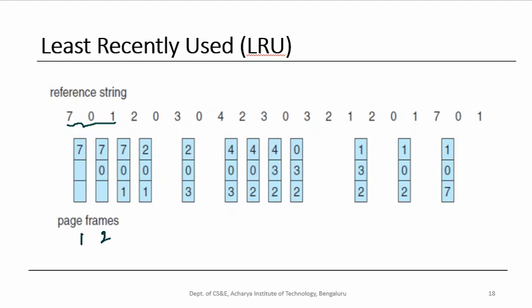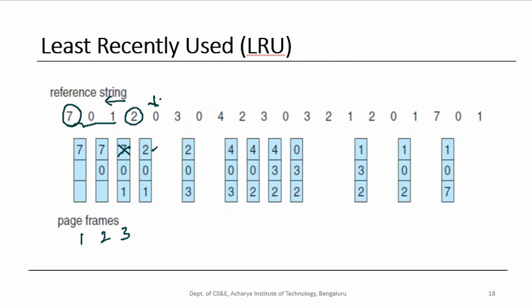So there will be 3 page faults. After that we have a request for page 2, and now there is no free frame in the main memory, therefore we will have to replace one of the frames. Now which frame to replace? Unlike optimal page replacement algorithm, we look back and see that there was a reference for page 1 and 0 recently, whereas the 7 is the least recently used page. So therefore we replace 7 by 2.